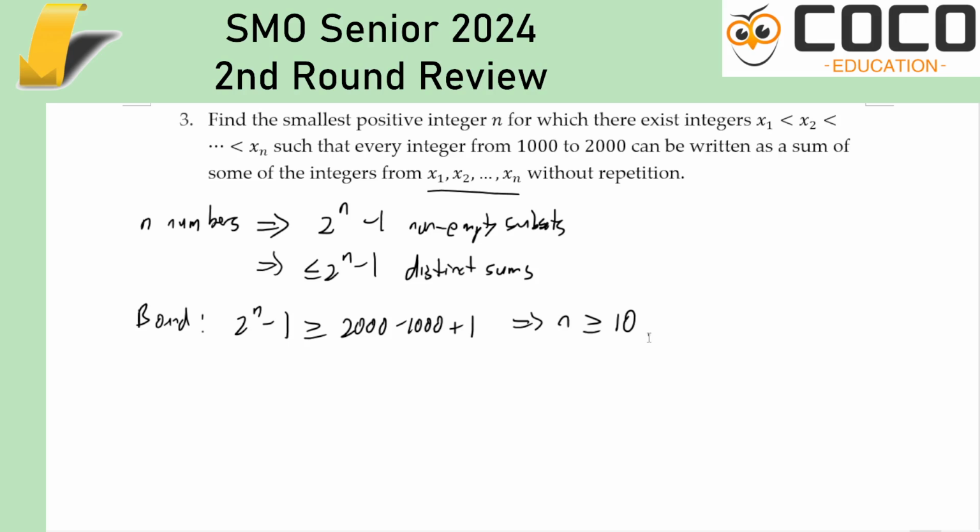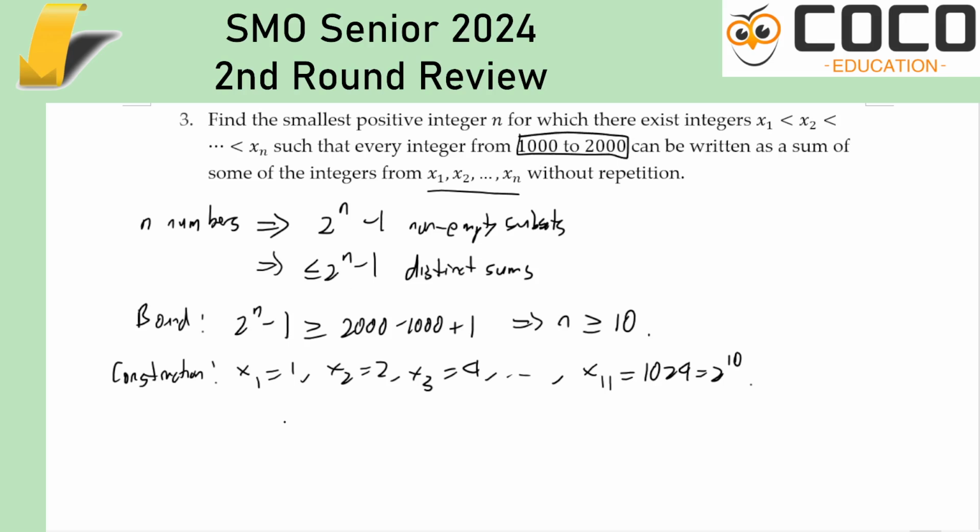So this is on one end. The other end is that the construction is continuing on this powers of 2 trend. The construction is just going to be your powers of 2. Sort of like how many of you are familiar with the binary number system. Now, if you go up to 1024, which is 2 to the 10, this will clearly work because you can write every number using its binary representation.